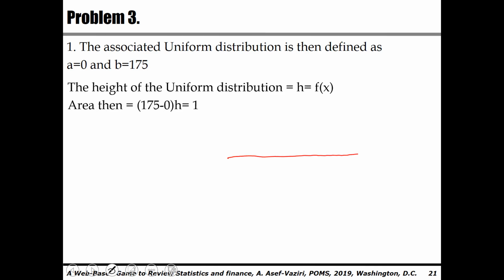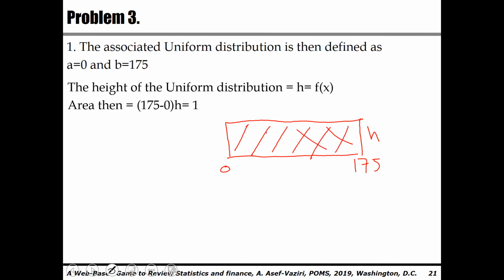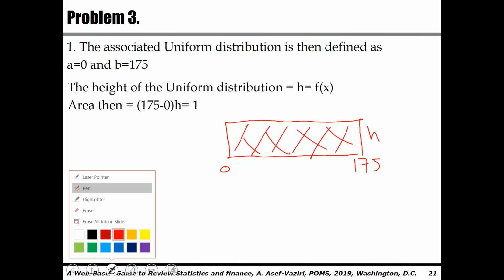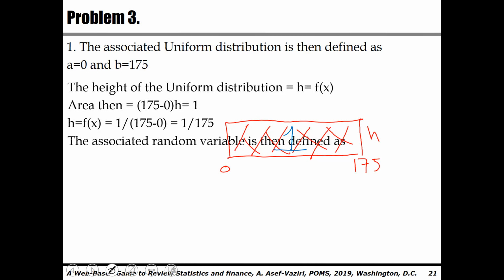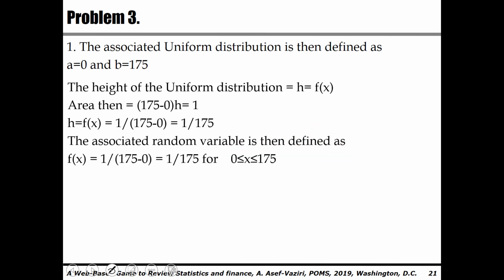This is width 0 to 175 multiplied by height, which is h, is this area, and probability of all possibilities is always equal to 1. Having said that, I can simply compute h as 1 over 175. And the random variable x has its f of x equal to 1 over 175.